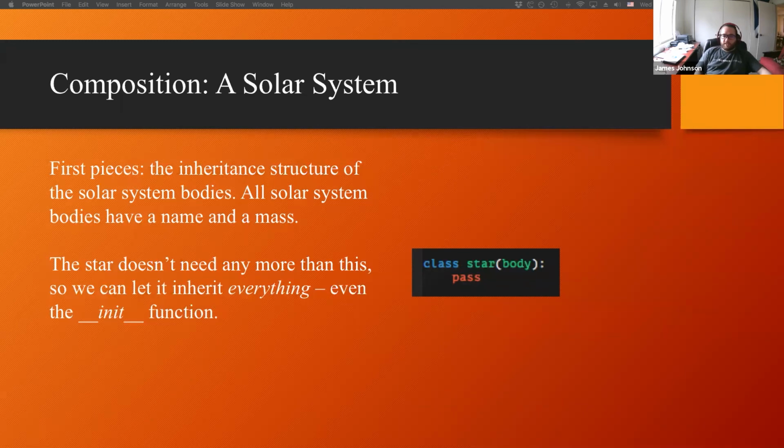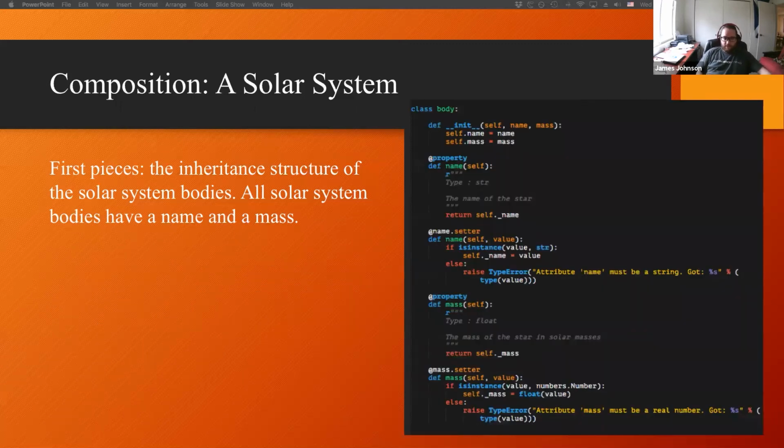So if a star doesn't need anything else, we can write the simplest inheritance scenario that there ever was, which is just the class declaration and a pass statement. Remember, pass is the Python keyword which just says do nothing, and so what this does is star looks just like the body class.